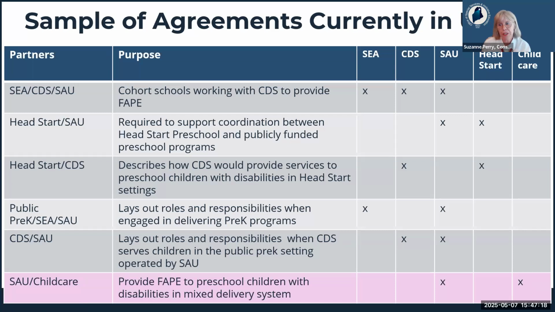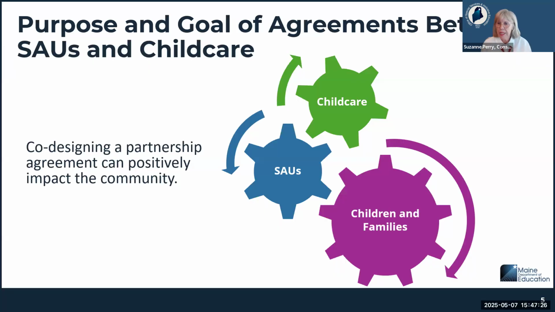If it's in the best interest of your community in order to serve children and their families with disabilities, SAUs and private childcare programs may choose to work together to provide settings and services to the preschool children with and without disabilities in their community. As we said, this presentation is intended to help SAUs as they begin to have those conversations together.